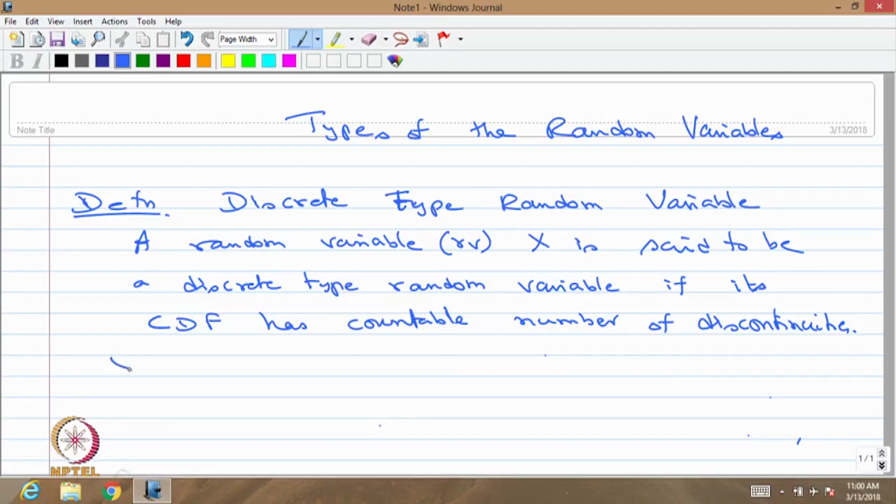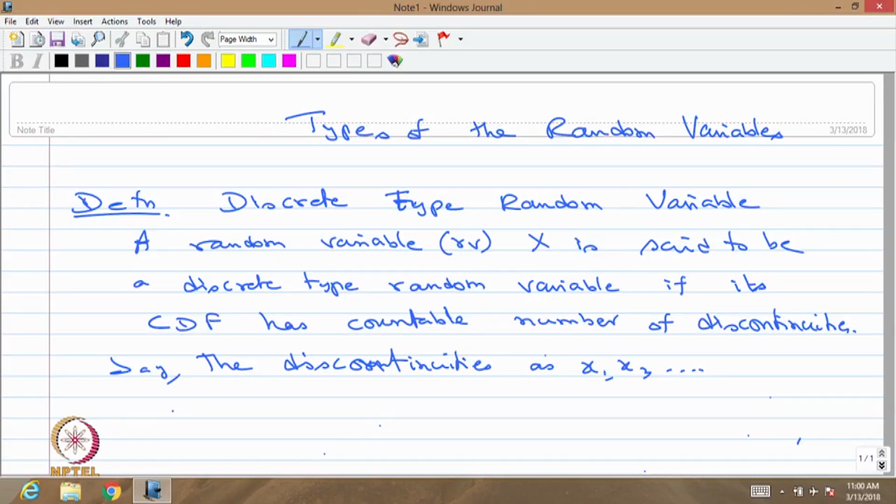Say the discontinuities or jumps are x1, x2 and so on. Initially I am writing countably infinite, it could be finite also.